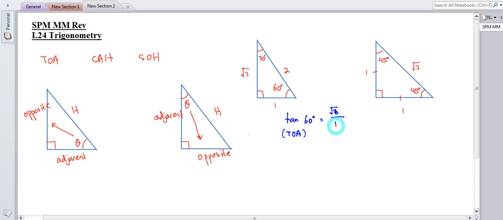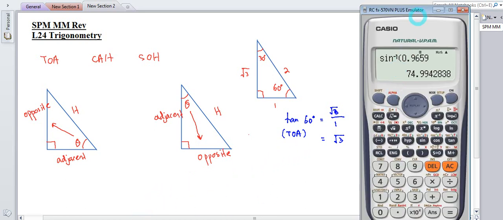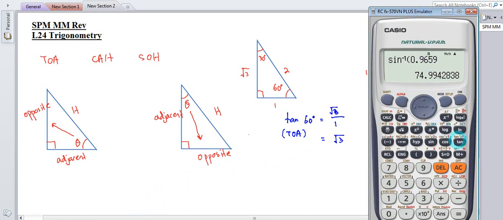Adjacent side will be here, right? Which is equal to square root of 3. Okay, so you can just check with your calculator. Tangent 60 degree equal, okay, this is square root of 3.